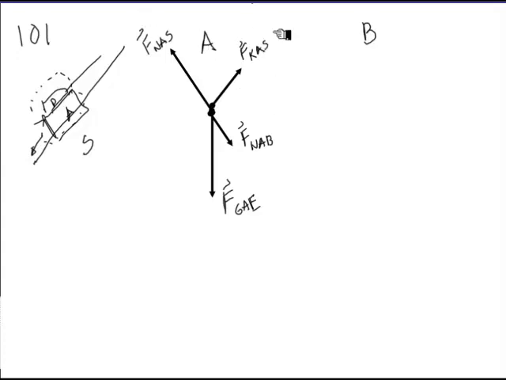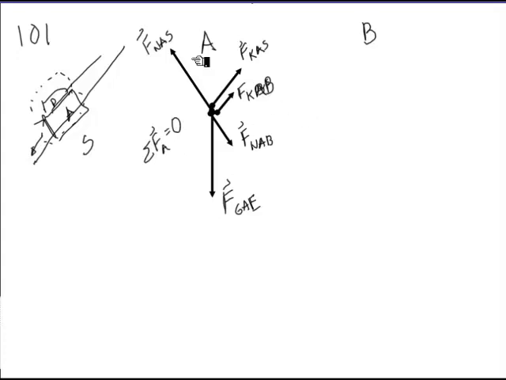But there'll also be a frictional force from the top surface, from this surface right here. And that's another one that people usually neglect when they're drawing this out. So this is FKBS, or sorry, it's FKAB. Alright, so those are all the forces on A. And there's no net force on A because it's moving at a constant velocity.